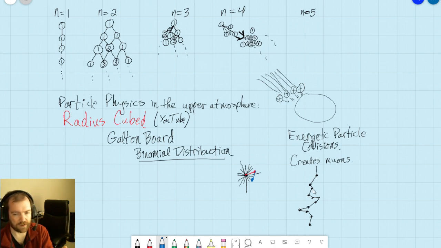So instead of being an actual thing like this, he said that each particle is going to pick a random direction from top down. This ends up being a 16-simplex.